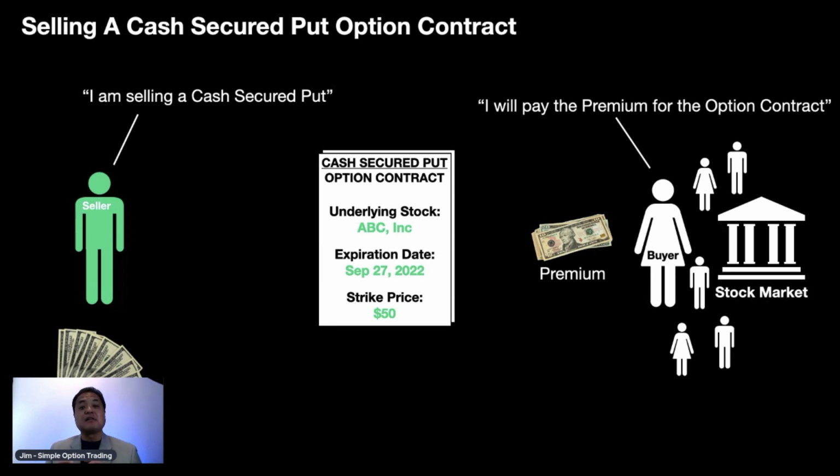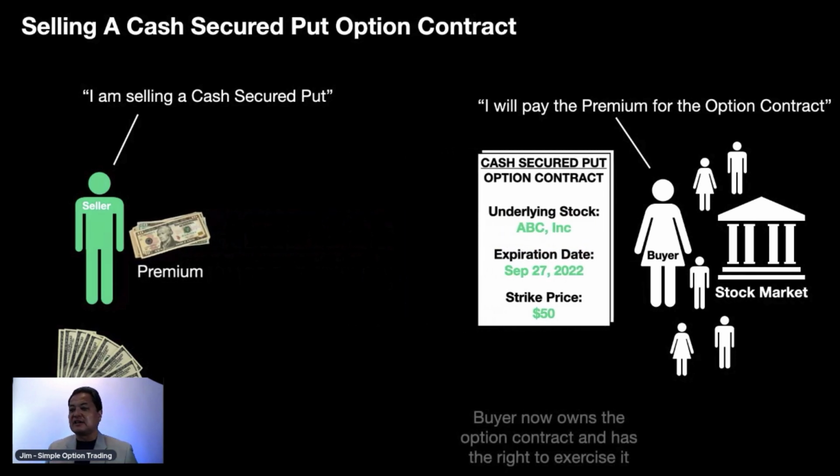They're going to pay me something called a premium, and that's an amount of money that shows up in exchange for the option contract, right? So I'm selling the option contract, and I'm receiving a payment, the premium. So that's what you see here: the option contract goes to the buyer, and I receive the premium.